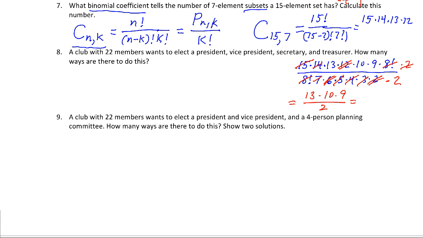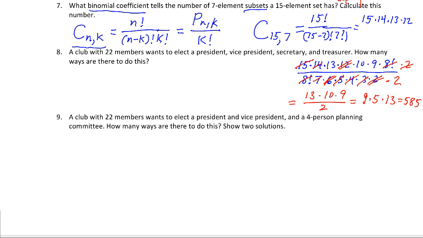Boy, it really cancels out, doesn't it? So 9 times 5 times 13. And that one I can do fairly easy. Let me bring up my calculator. I forgot to calculate this one beforehand. Sorry about this on the video. 9 times 5 times 13 is equal to 585.